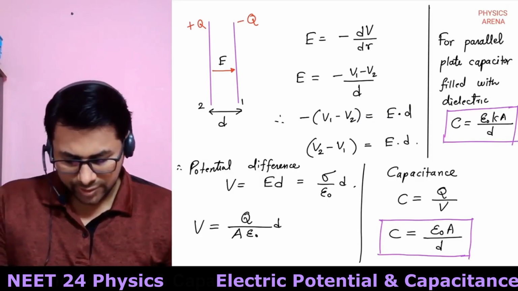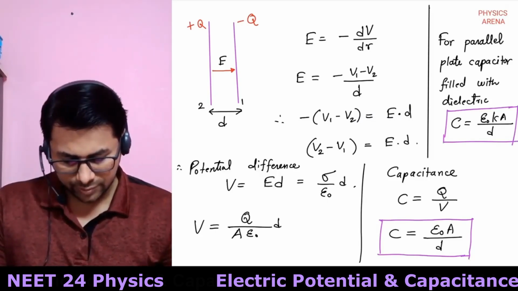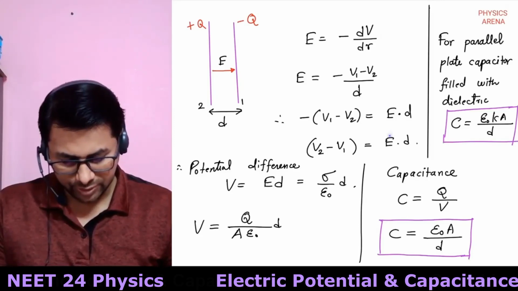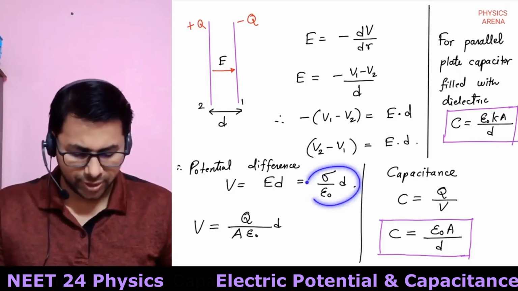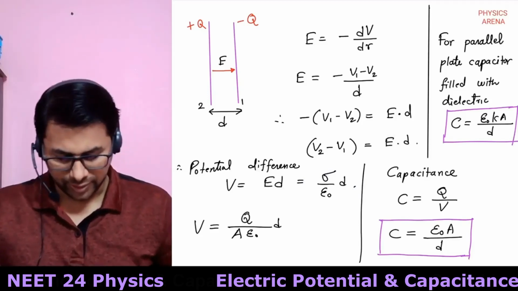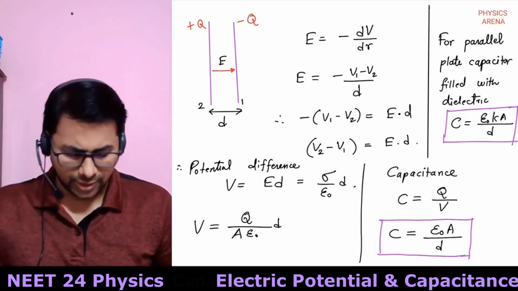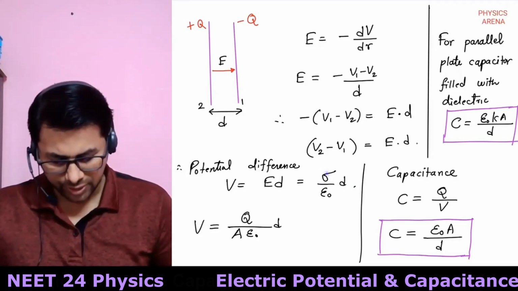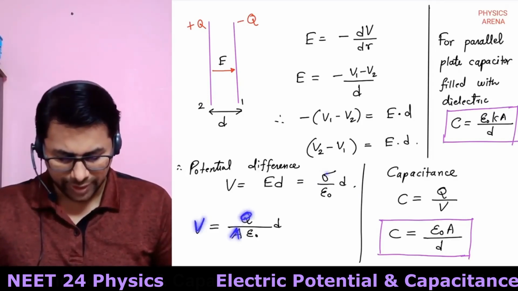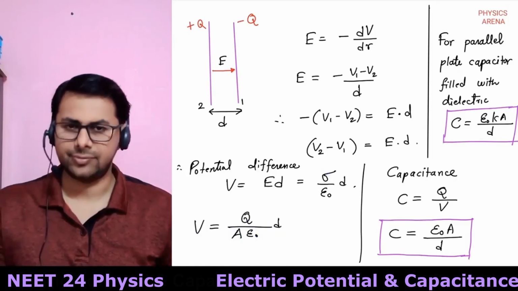So how much is this? Put E equals sigma upon epsilon naught, so you get V equals sigma upon epsilon naught times D. And you know that sigma is equal to what? The charge upon surface area. Put that in, you get V is equal to Q upon A epsilon naught times D.